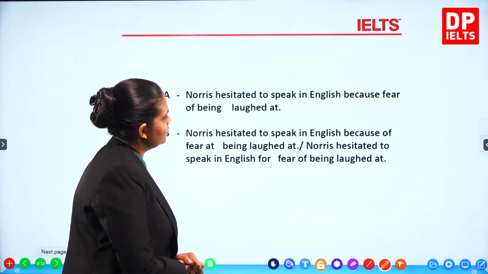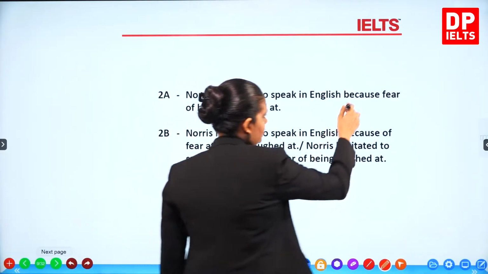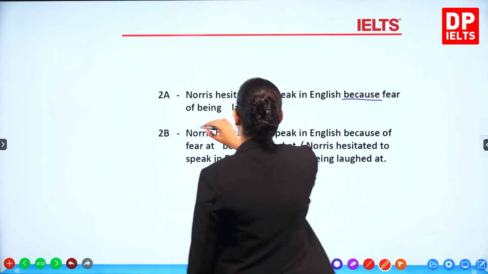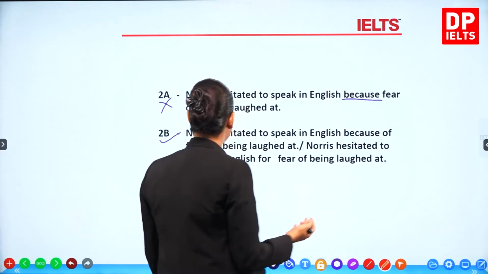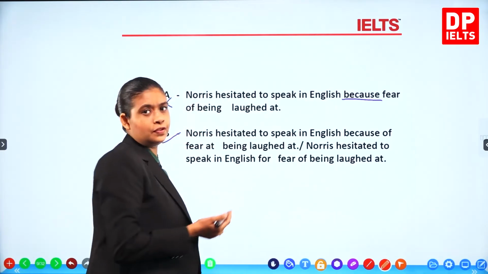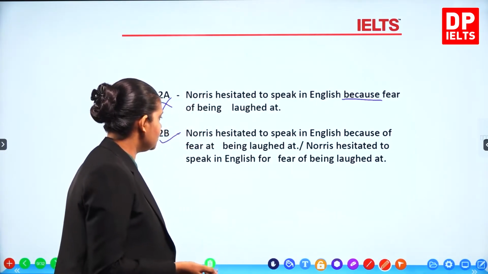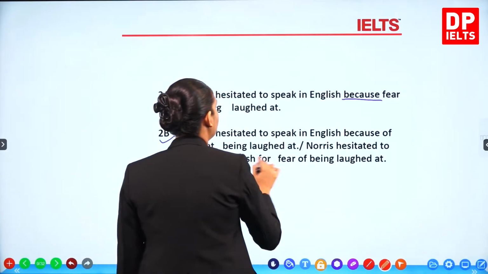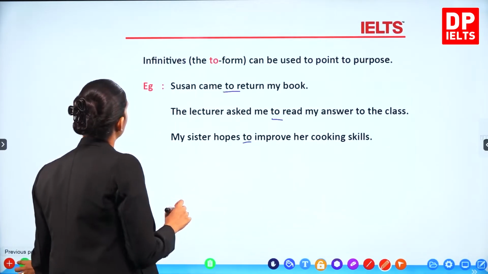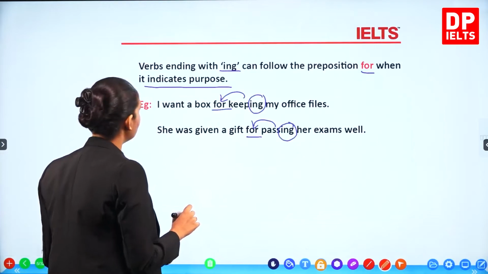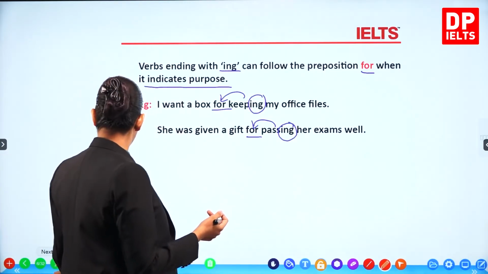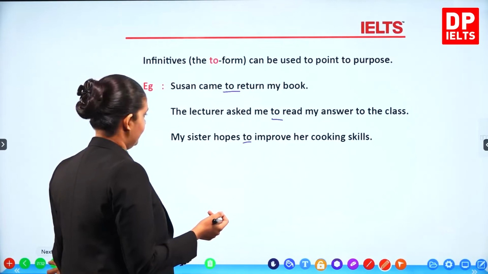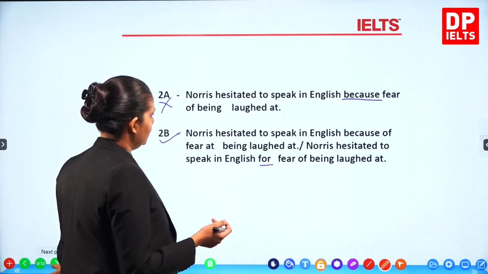Norris hesitated to speak in English because, no, it should be because of a reason, okay? A fear at being laughed at, or you could say Norris hesitated to speak in English for fear of being laughed at. So coming, right, to our reasons as to why we would use for there, okay?